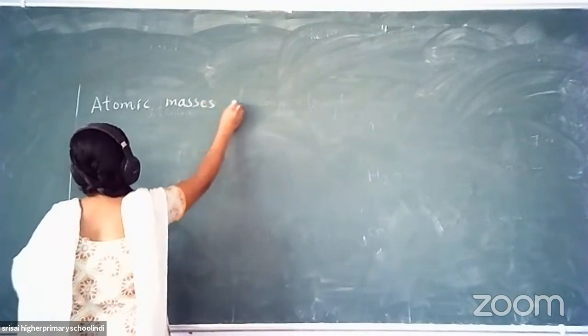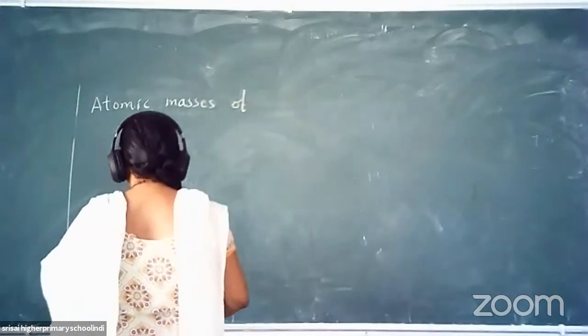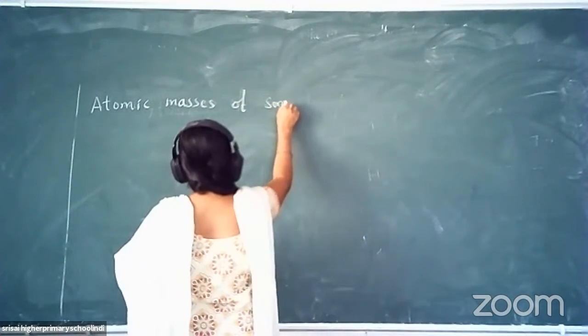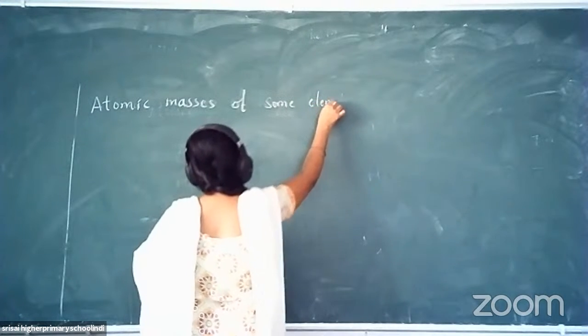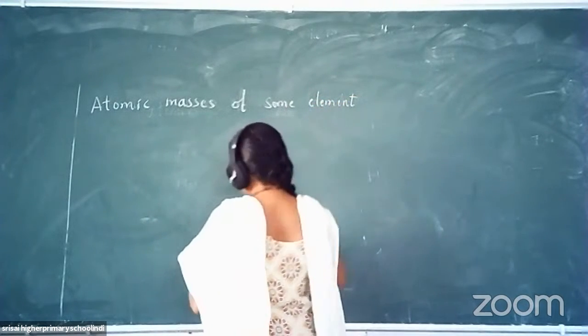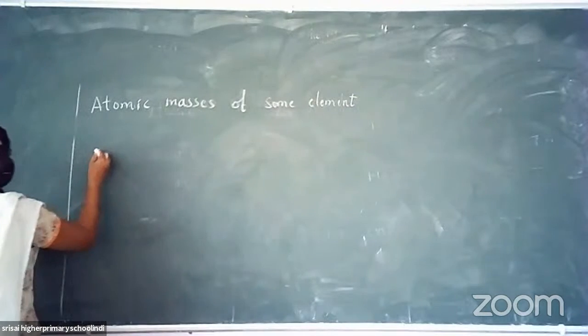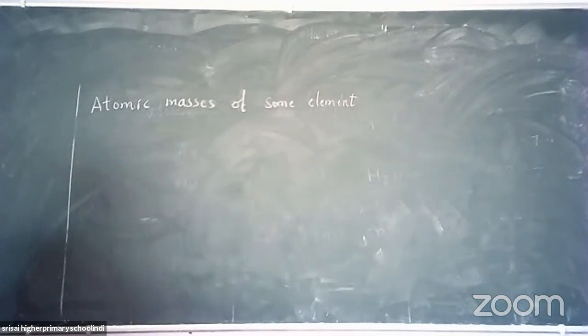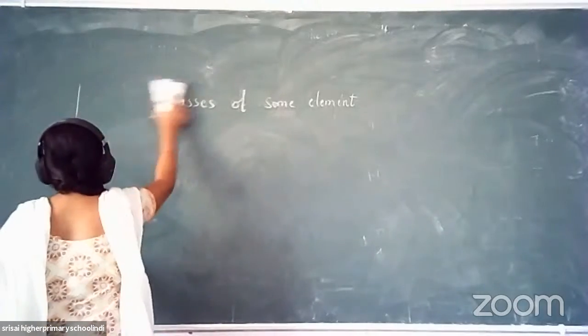You have not written this, students. Have you written this? Yes, ma'am. Okay. Next, you come to molecules. If you have written this, I will go to the next one.